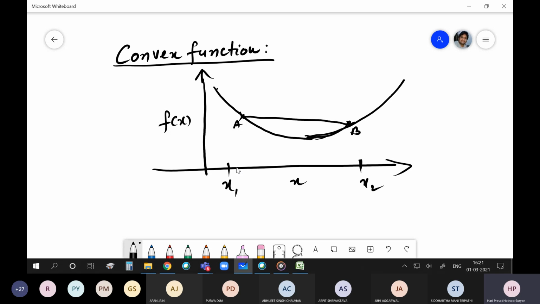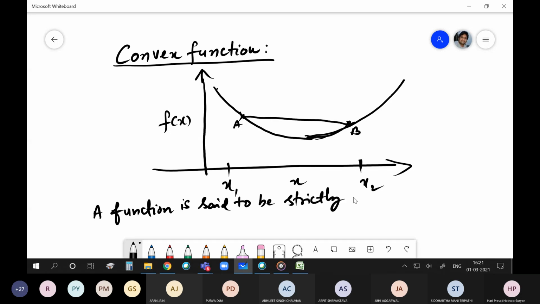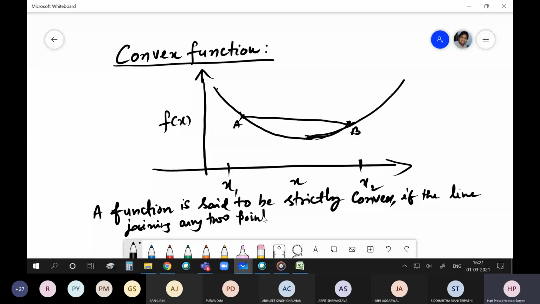So a function is said to be convex, strictly convex, if the line joining any 2 points on the function is above the function itself.